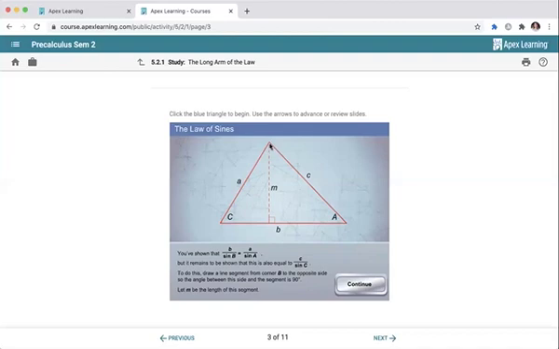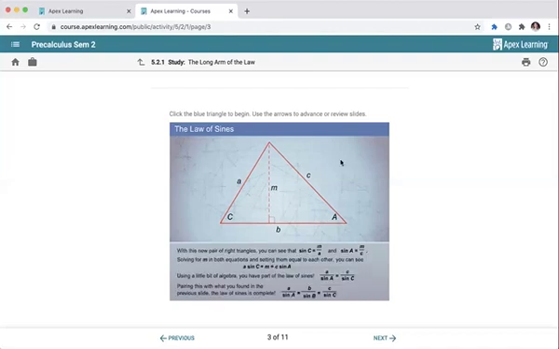Then if we were to draw another right-hand triangle, dividing this in half here, we can label this length value M. We solve for sine of C and sine of A using this new value M, and again set them both equal to each other.